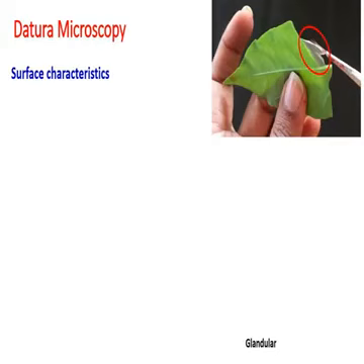Now, this epidermis comprises three kinds of cells. First is the epidermal cell. The function of epidermis is protection. Protection from external factors like dust, rain, and sunlight. It also protects the leaf from drying. It prevents desiccation of the leaf.